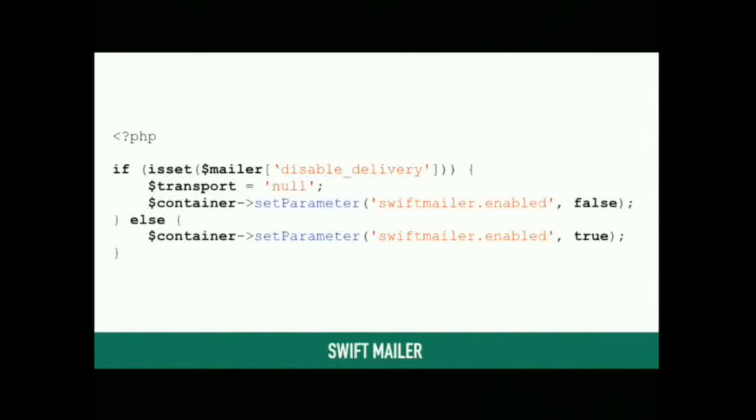This is how it actually works if you dig into the core. It says if the mailer disable delivery is set, then we just simply set the transport to null. That is the important part that the feature flag does. You set it in a configuration file, a YAML file, an XML file, however you choose to do your configuration. Really, it's up to you. Symfony also does other things, like setting parameters, so that you can access it in a more global way.